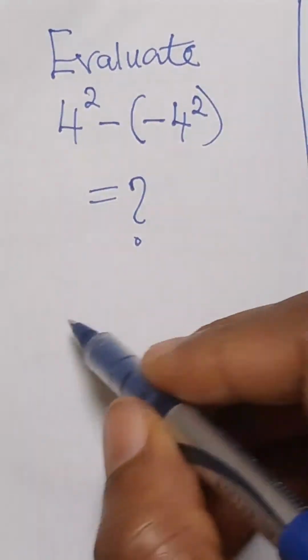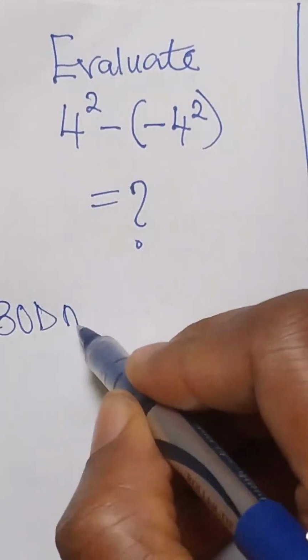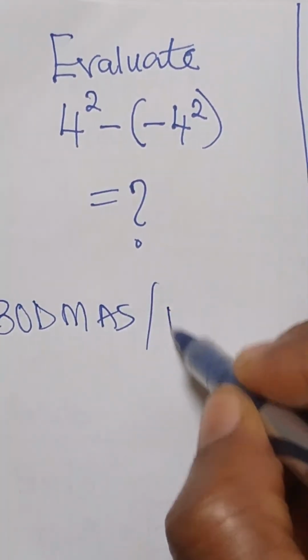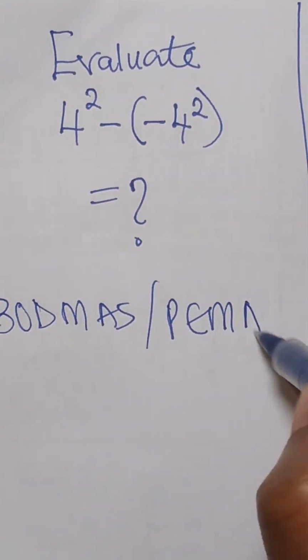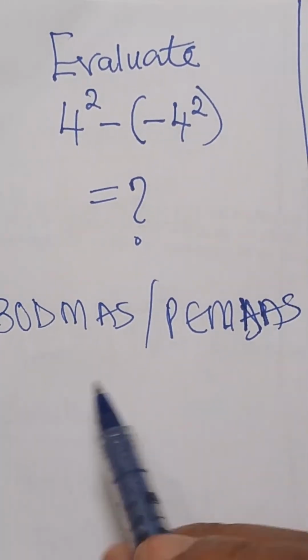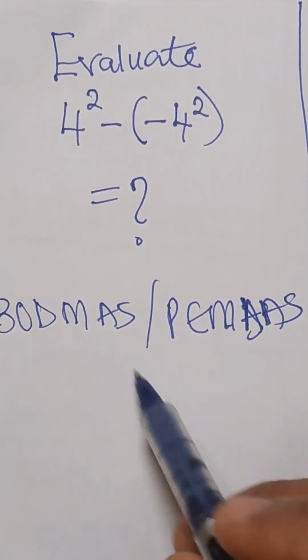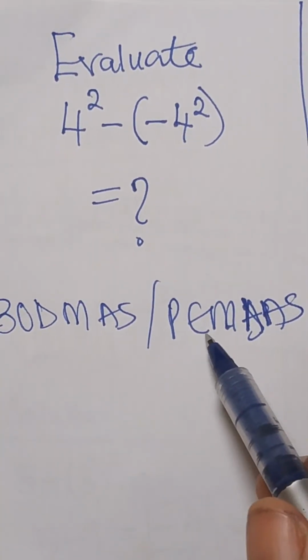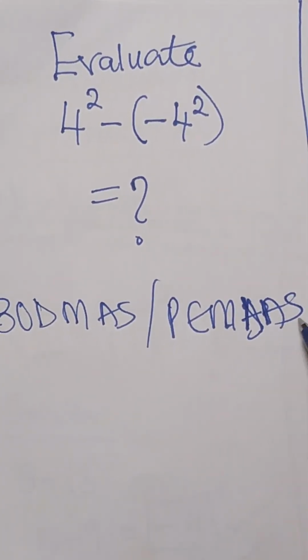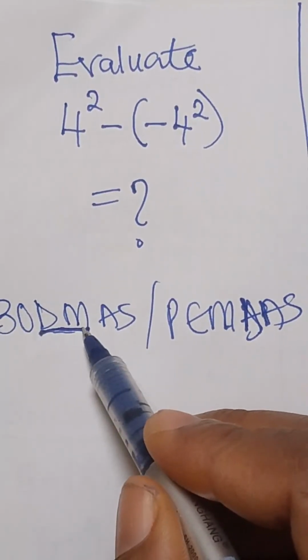Listen, okay, I've seen what you said. When you talk about BODMAS, okay, we have PEMDAS. Now, BODMAS is brackets, order, division, multiplication, addition, subtraction. And this is parentheses, exponents, multiplication, division, addition, and subtraction. Now, in BODMAS, division and multiplication are on the same level.